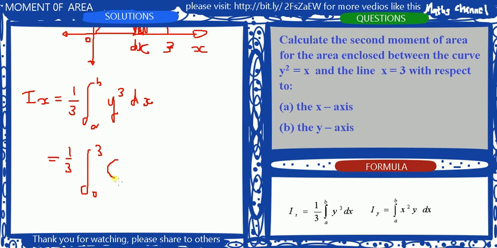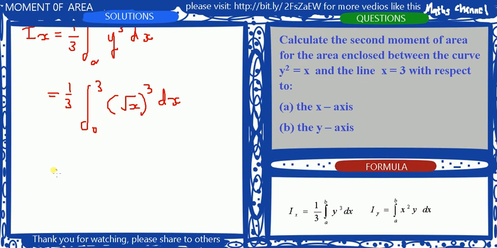Substituting the equation, you have something like this. Then we have one over three, and then x to the power 3 over 2.